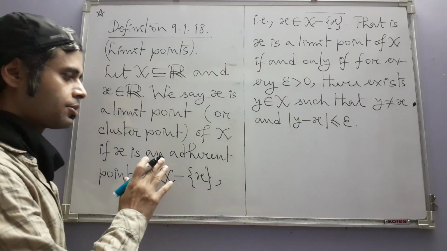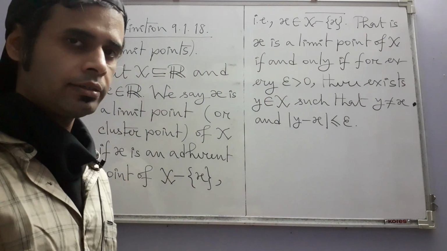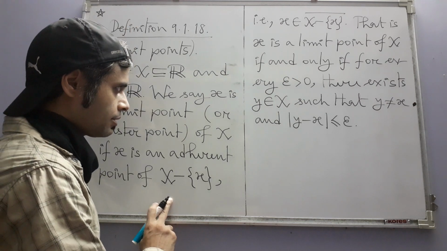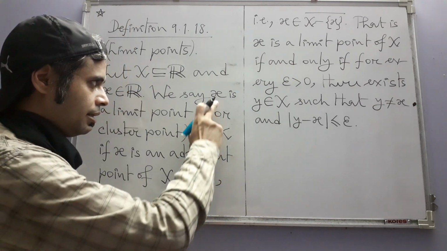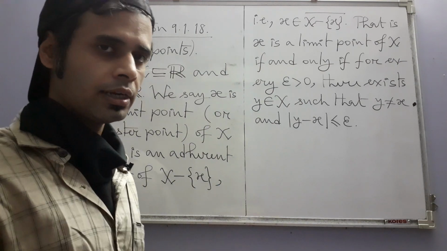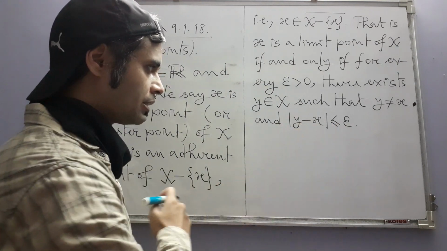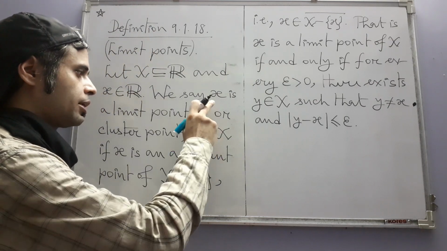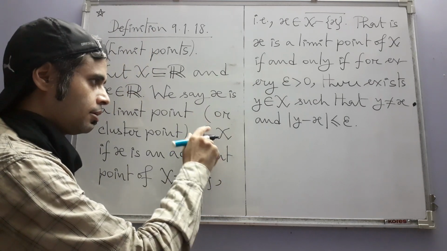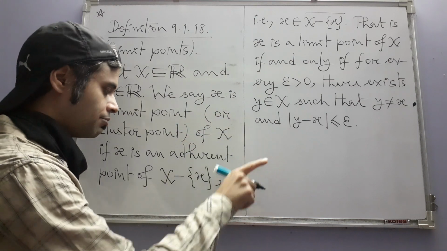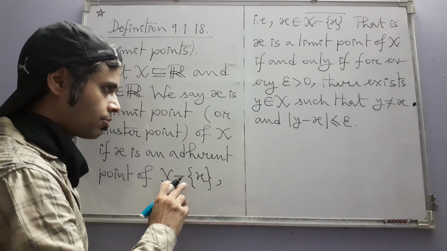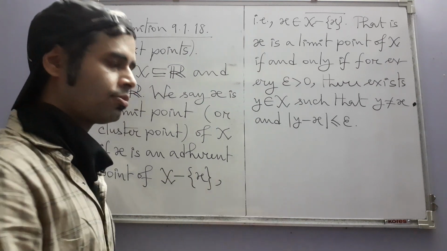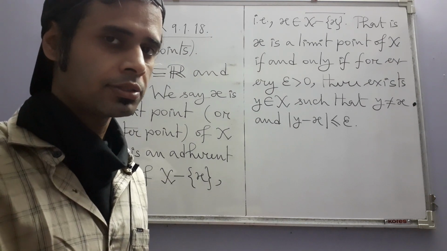So you can see clearly that the difference between an ordinary adherent point and a limit point is that in case of an adherent point, any region around x, because this epsilon determines a region around x, has to just contain a point of X. In case of limit point, however, such a region has to contain again a point of X, but other than the point itself, other than that x itself.